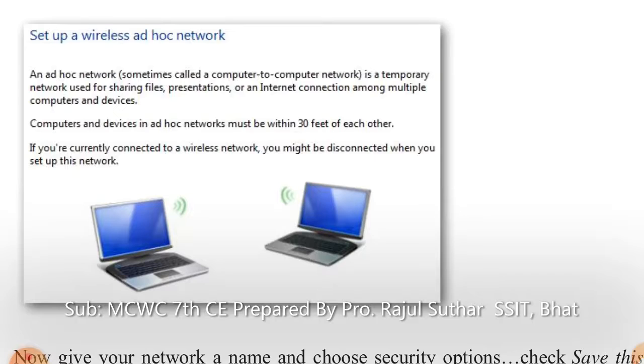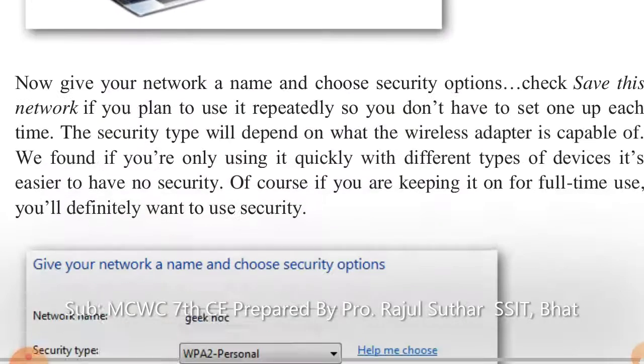An ad hoc network is sometimes called computer-to-computer connectivity or a temporary file sharing system, using multiple computers and devices. Computers and devices in the ad hoc network must be within 30 feet of each other. So here is the distance between two devices. If you are currently connected to a wireless network, you might be disconnected when you set up this network. So Wi-Fi or wireless connectivity, you must disconnect to create the ad hoc network.